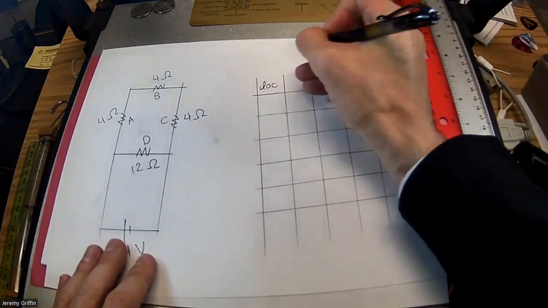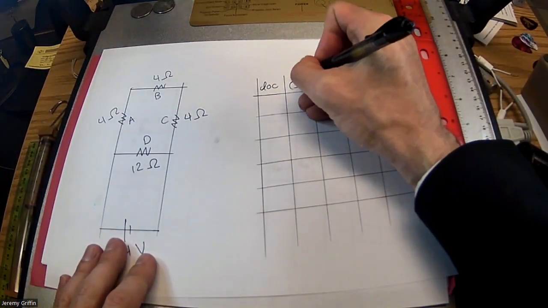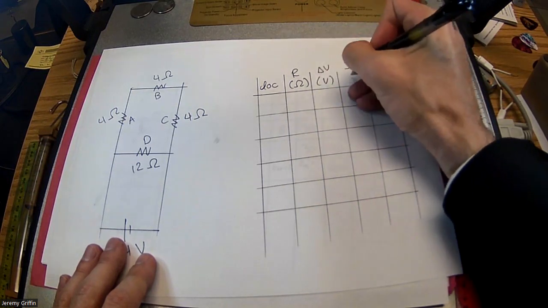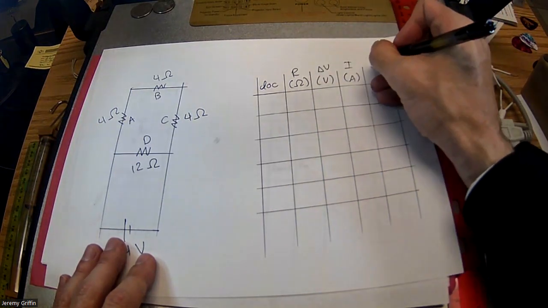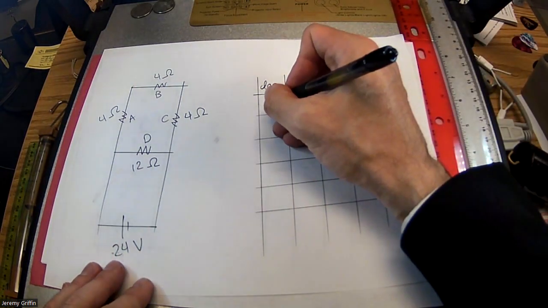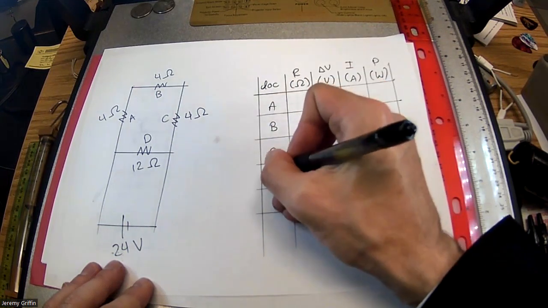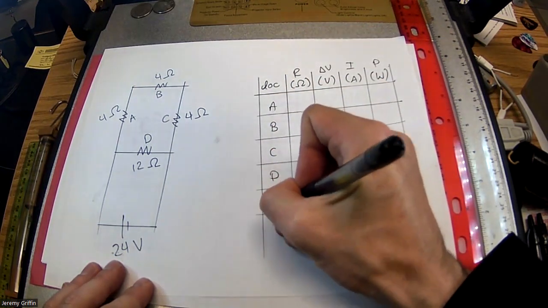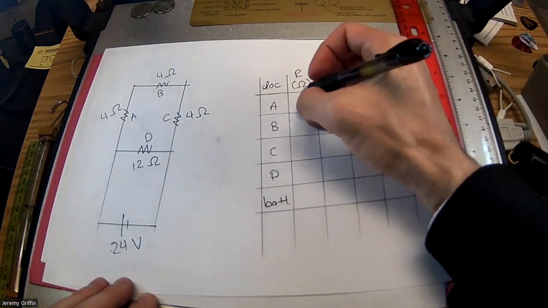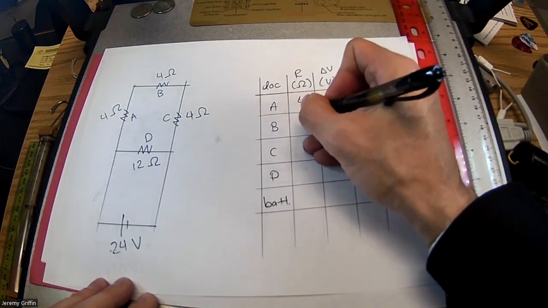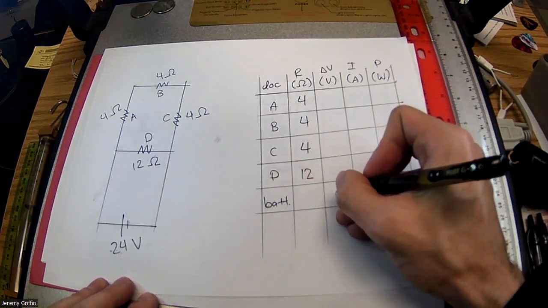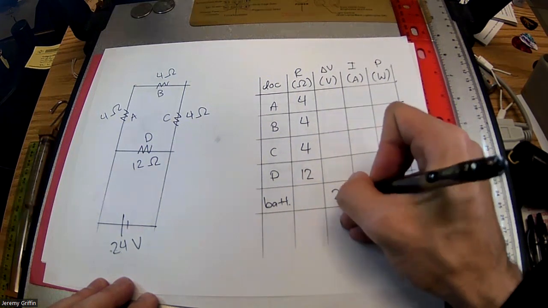So different location, resistance in ohms, potential difference in volts, current in amps, power in watts. I got A, B, C, D, and the battery. I gave you all the resistors, and I gave you the voltage supplied by the battery.